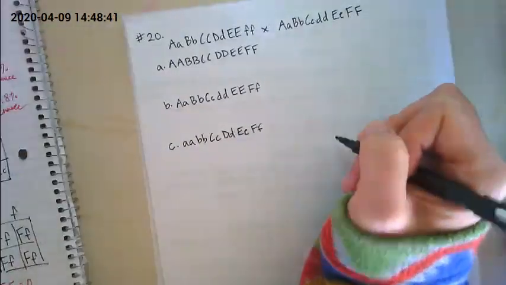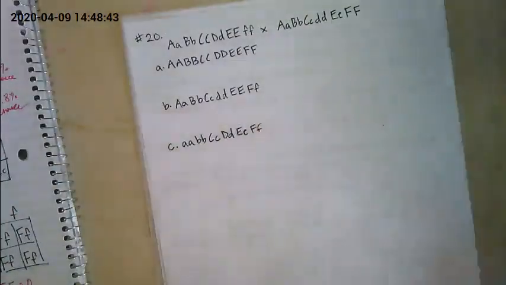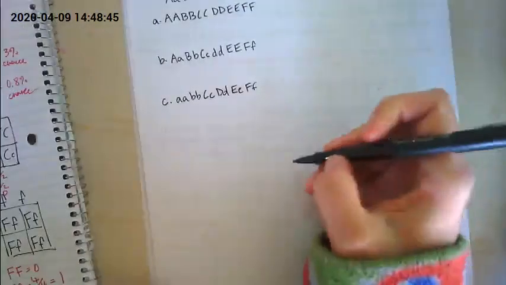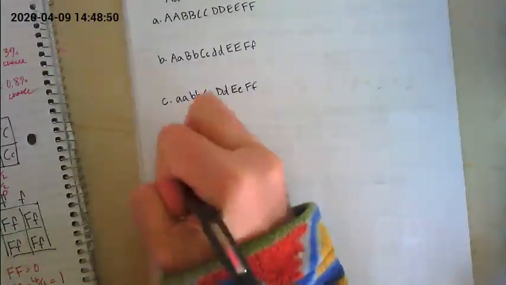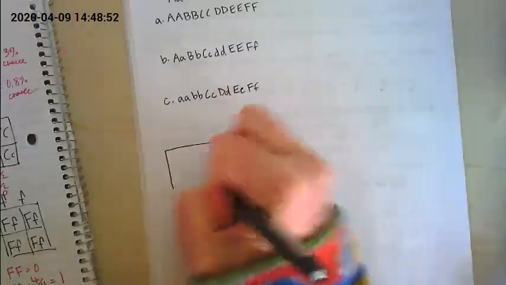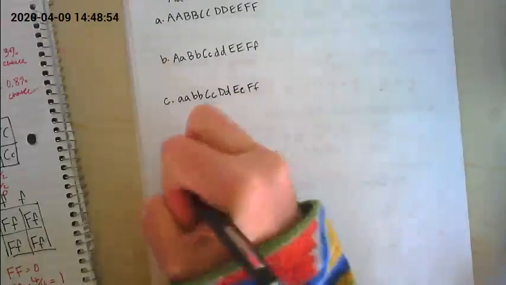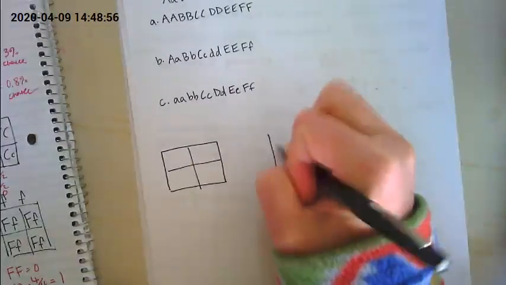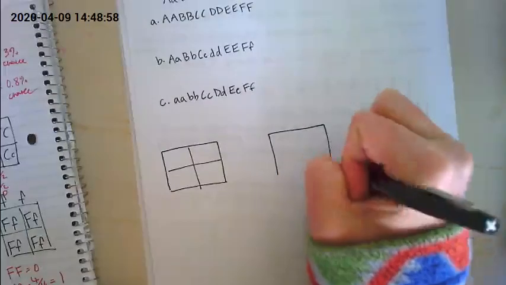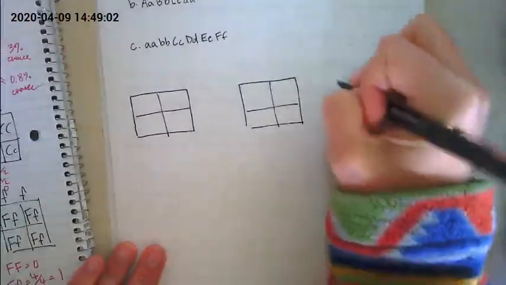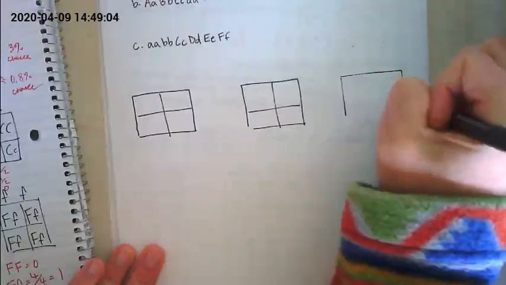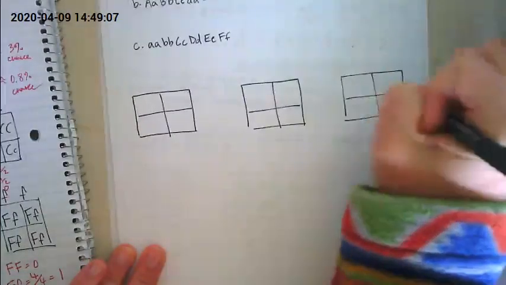Okay, so we got that. So now we have to draw 6 Punnett squares. We're going to have an A, a B, C, D, an E, and F. Hopefully you have some space on your page because you're going to need a space. So try to do 3 on a line, like this.